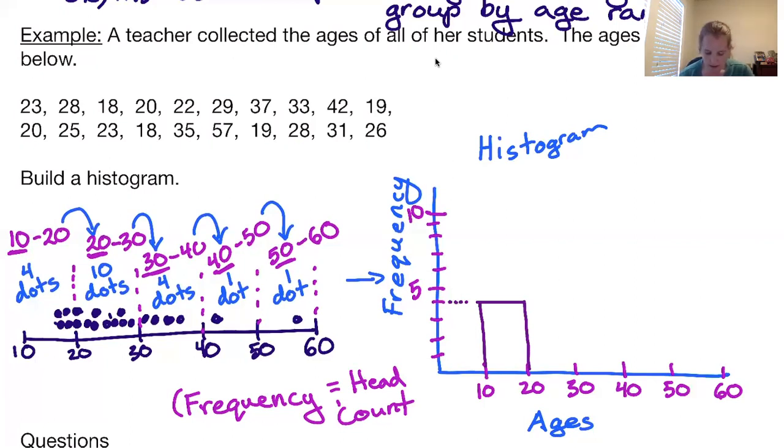For 20 to 30, we went all the way up to 10. 30 to 40 was again at 4. 40 to 50 was just 1, as was 50 to 60. So this is our histogram. Each bar's height is precisely how many individuals fell in that age range.